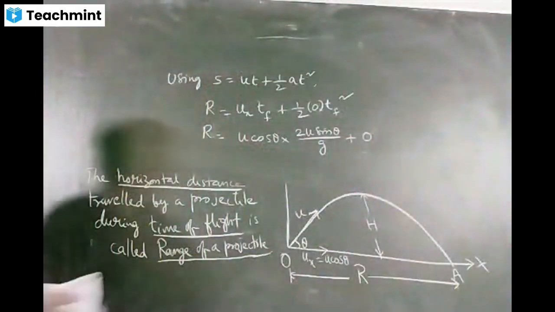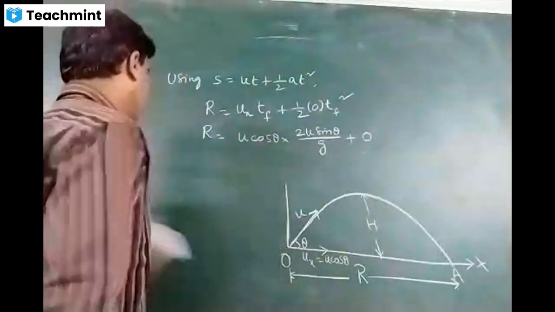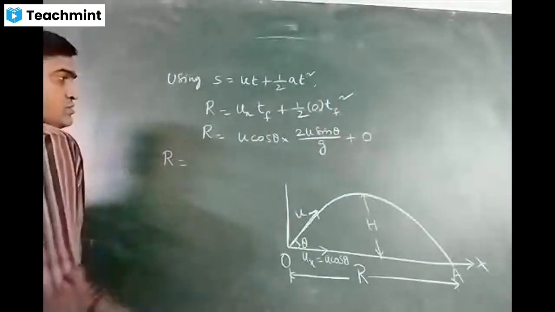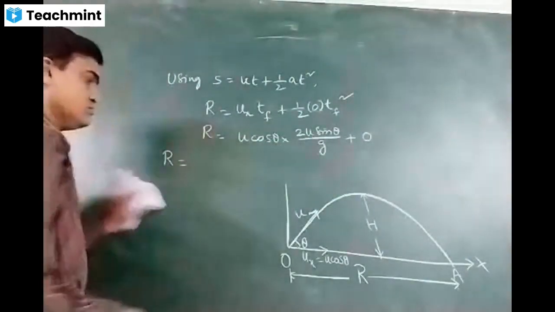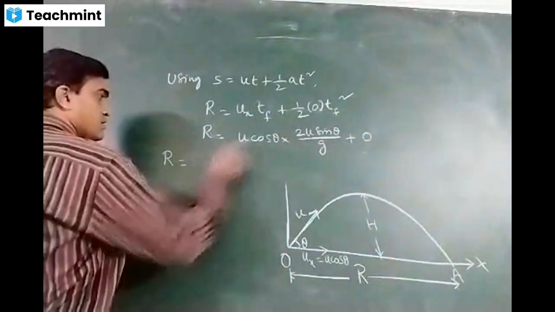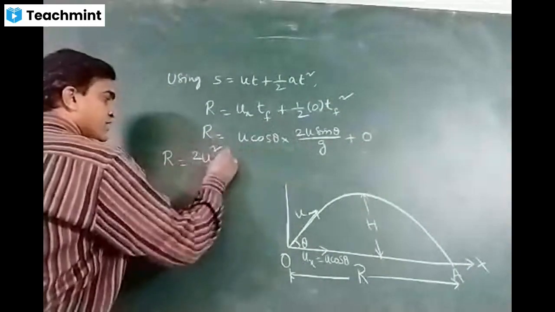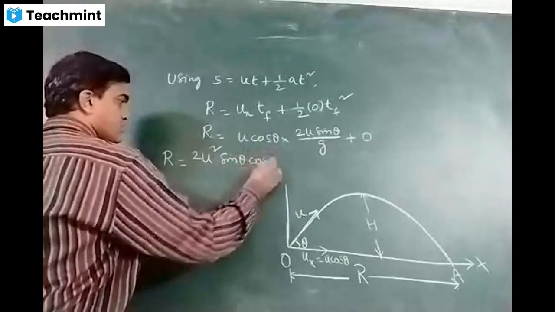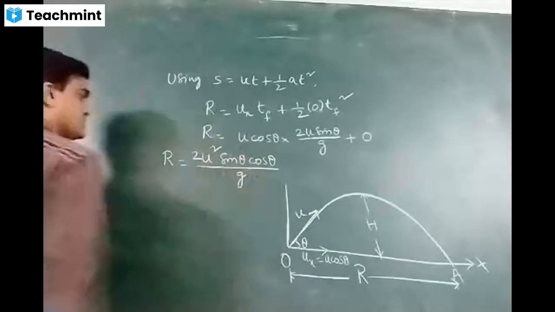Now finally R is equal to u square, 2 u square sin theta cos theta upon g.